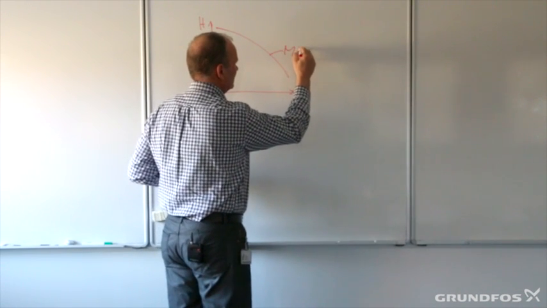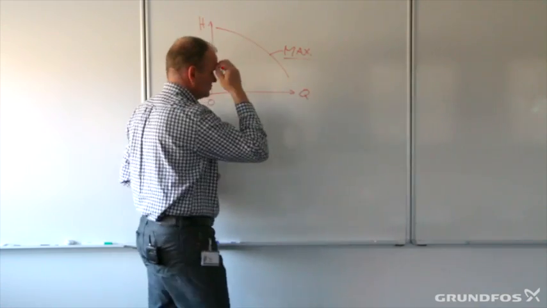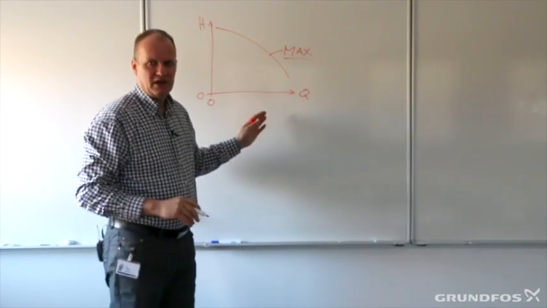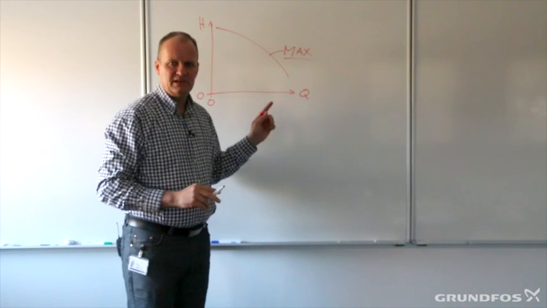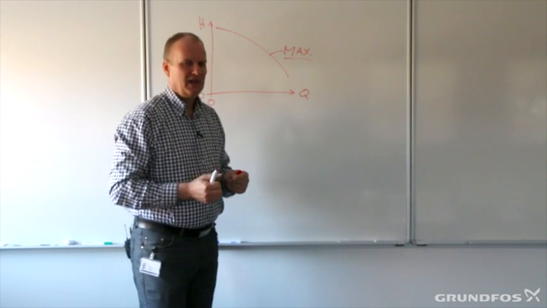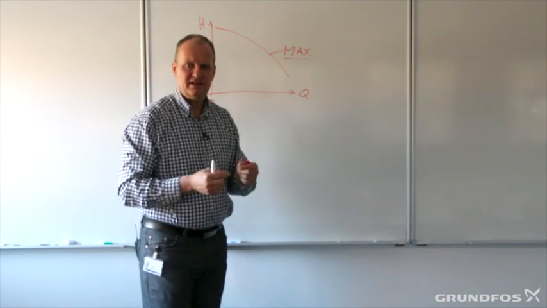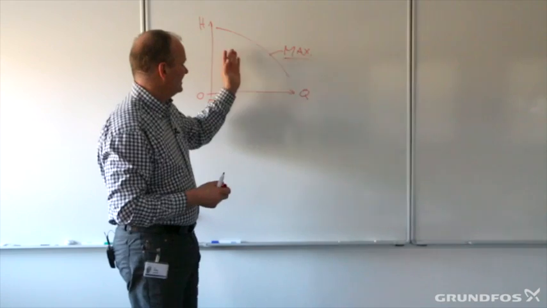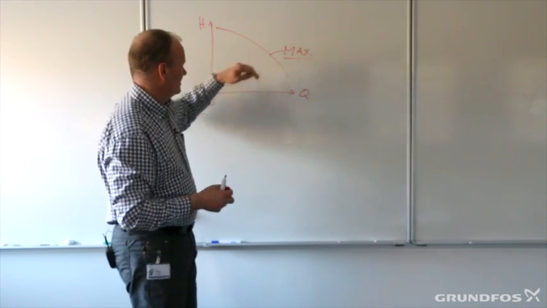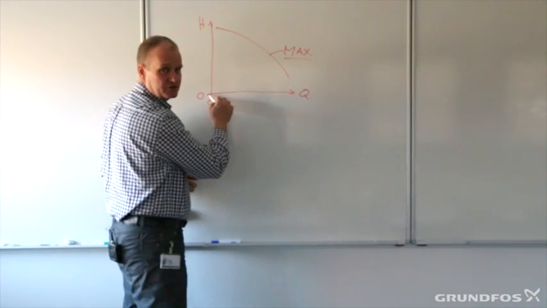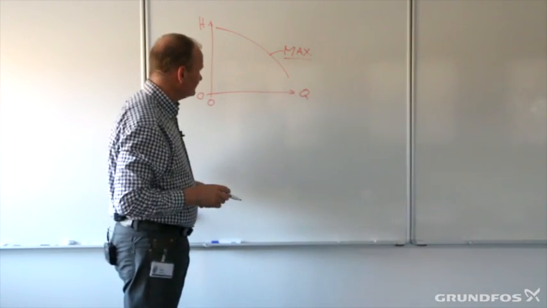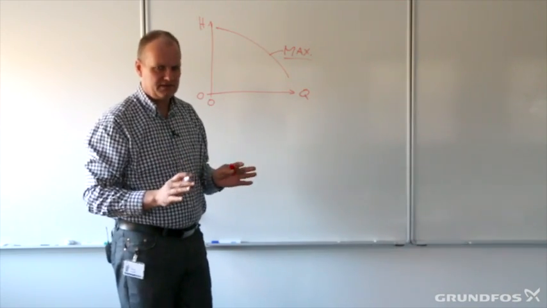So this is our starting point, so to speak. But what we now have is a pump with a built-in frequency drive. And what that does is that it allows us to adjust the maximum curve here actually downwards to 0. But that's not something we typically see.